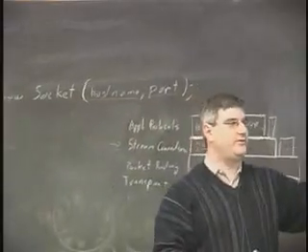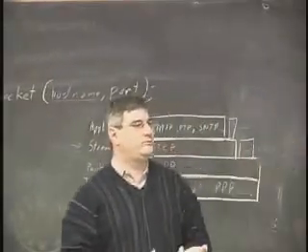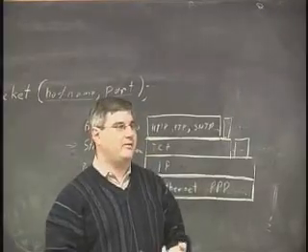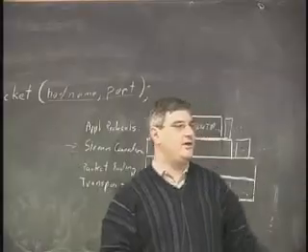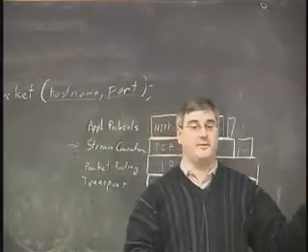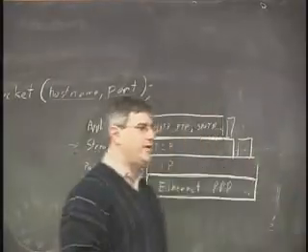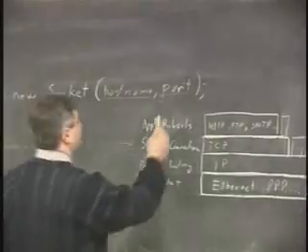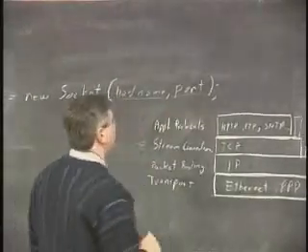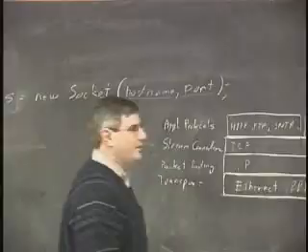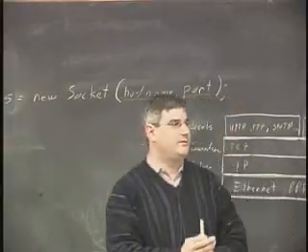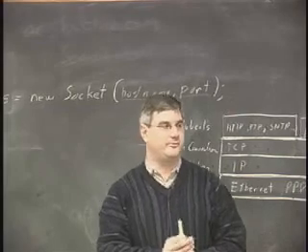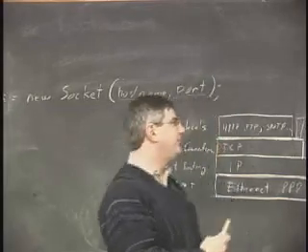On a given foreign machine, there could be dozens of programs running, and you not only have to say I want to talk to this machine, you have to say I want to talk to this program on this machine. The way you select which program you want to talk to is with these port numbers, and these are just integers. Usually they're small integers, but they can be larger.